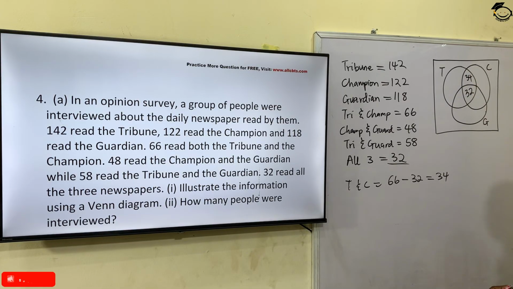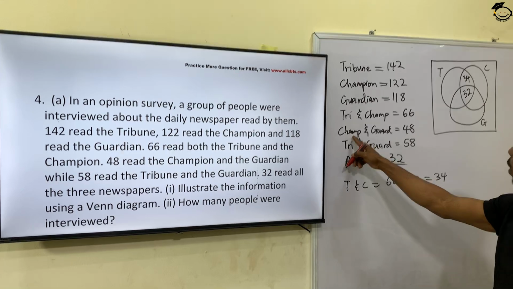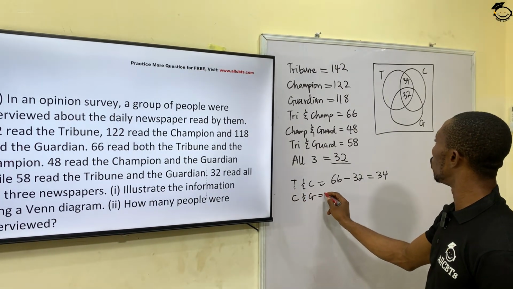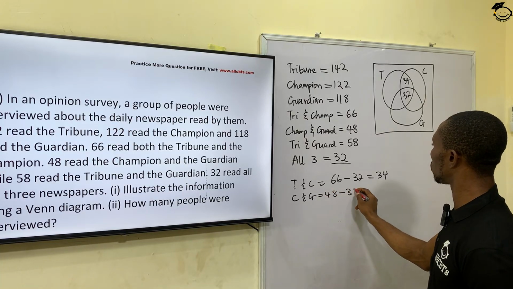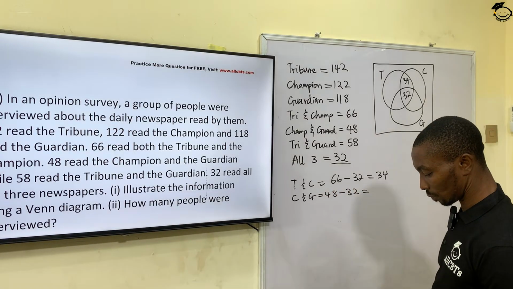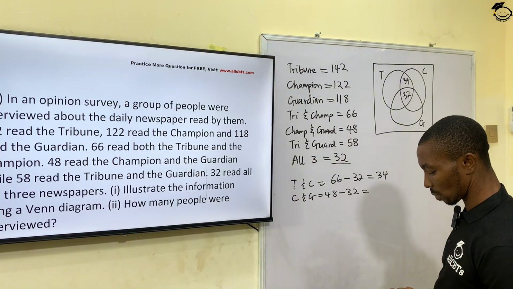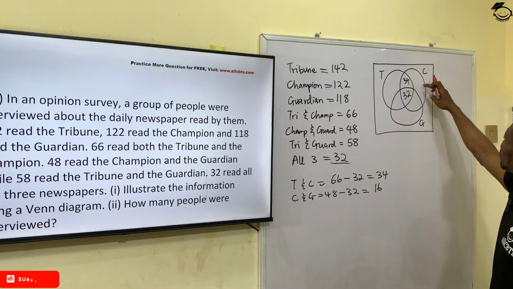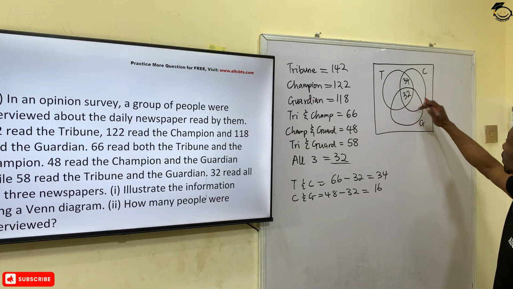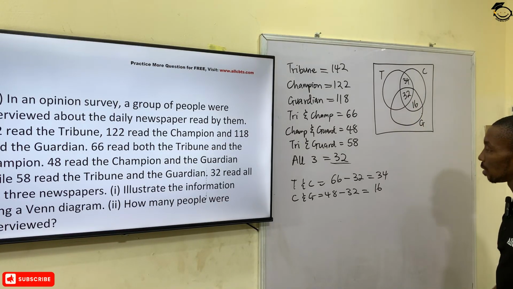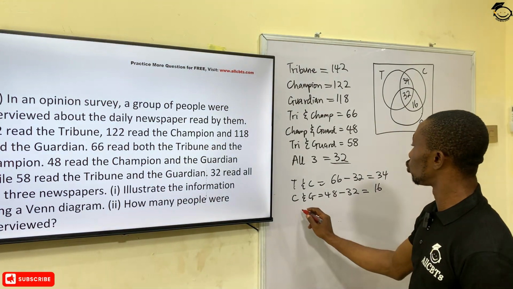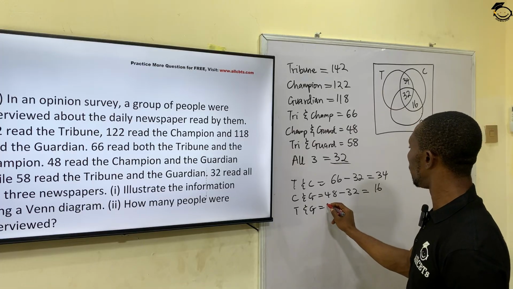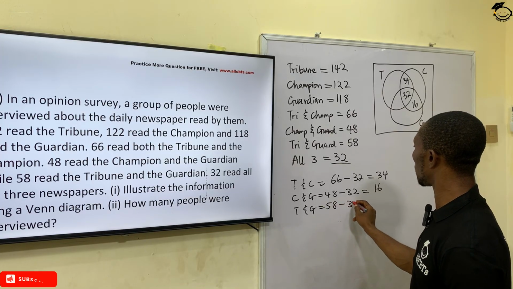Okay. Now, the next we will be looking at is Champion and Guardian, C and G, which will be 48 minus 32, which gives us 16. Now, Champion and Guardian, which is this space, will be 16. All right. And Tribune and Guardian, T and G, would be 58 minus 32.